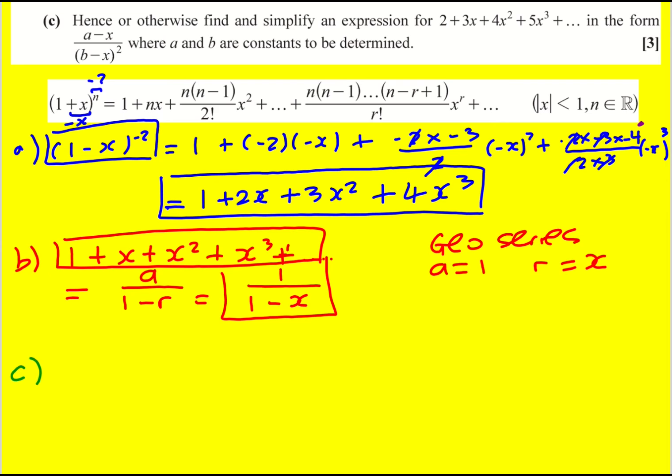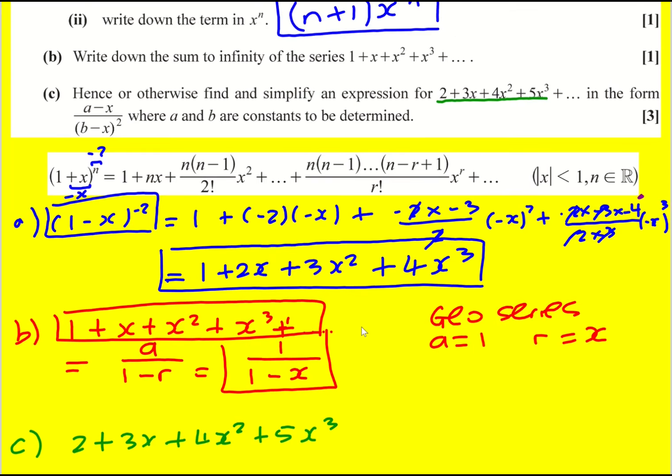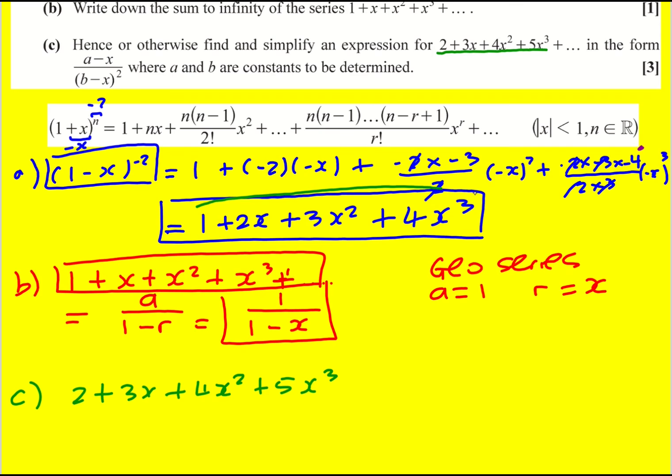And finally, hence or otherwise, simplify an expression for this. Now the hence bit is crucial really. It's going to be best to use our previous results. So we showed earlier that (1 minus x) to the minus 2 is this, and that's very similar, except I've just got an extra 1 or x squared each time.